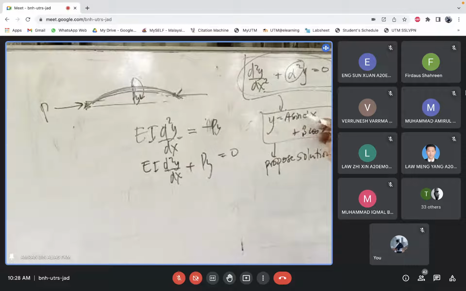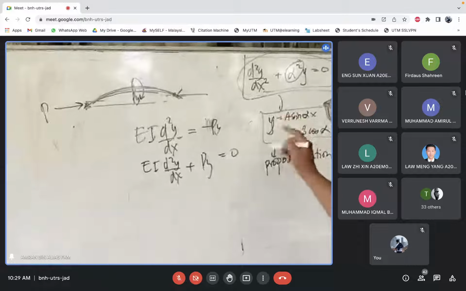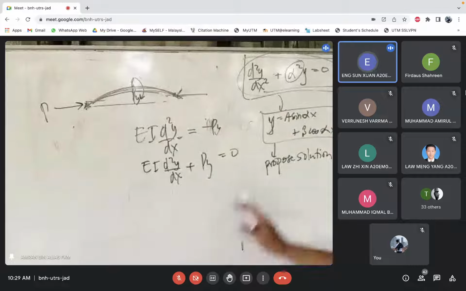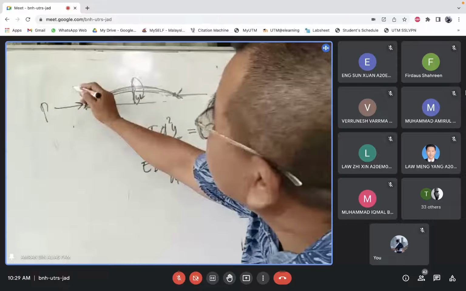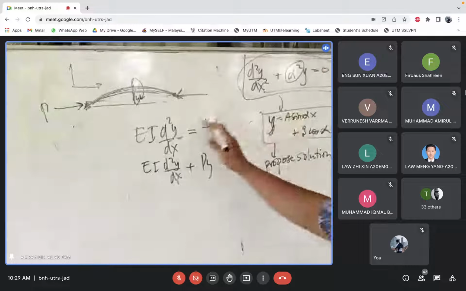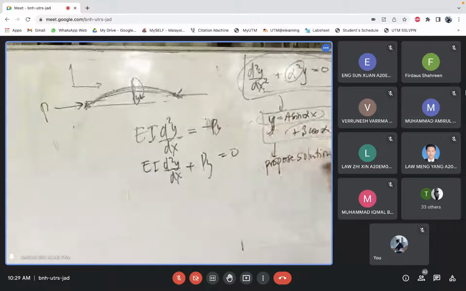So sine alpha is there, and then cos alpha is there. The solution. Remember that? What is the y? Y is the deflection. Are you with me? Yes. The solution for y, in x, is the deflection up and down. So y is the deflection. That's the proposed solution.